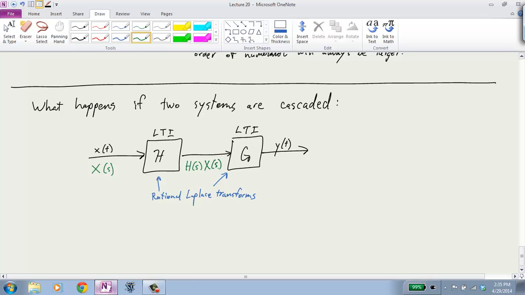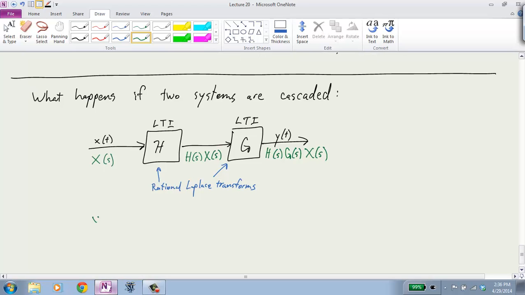Right? And what comes out here then will be h of s times g of s times x of s. So the entire system, y of s over x of s, is the transfer function of the system, right?